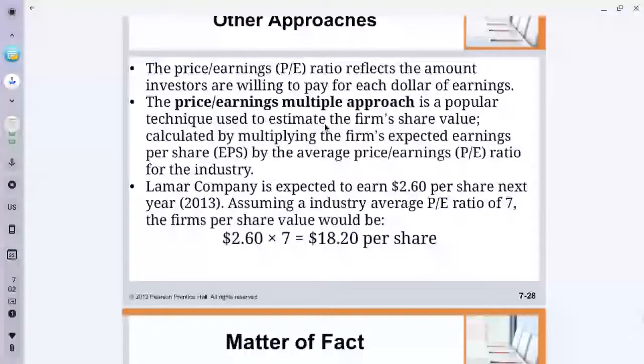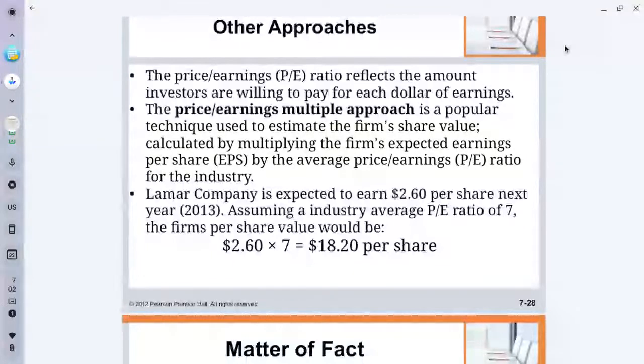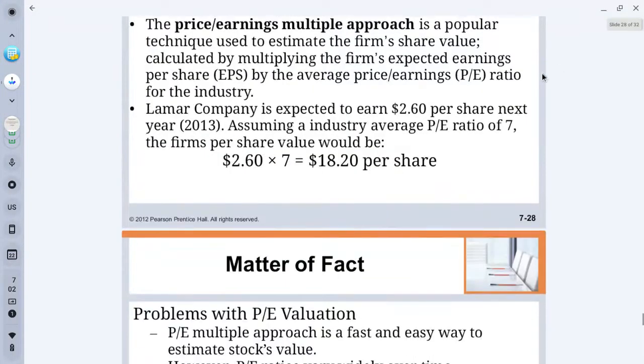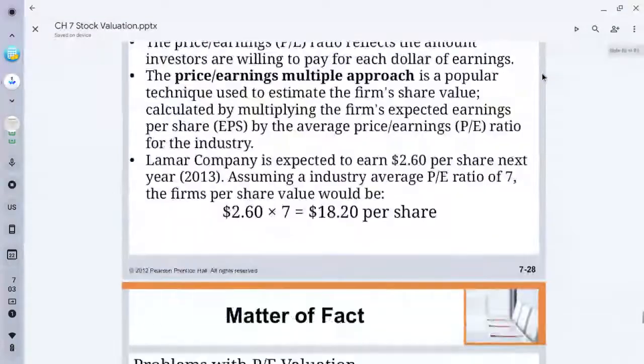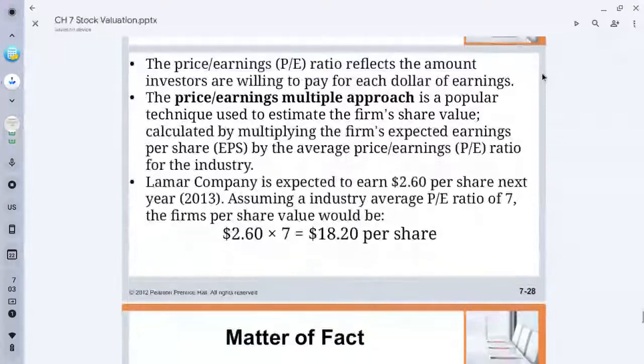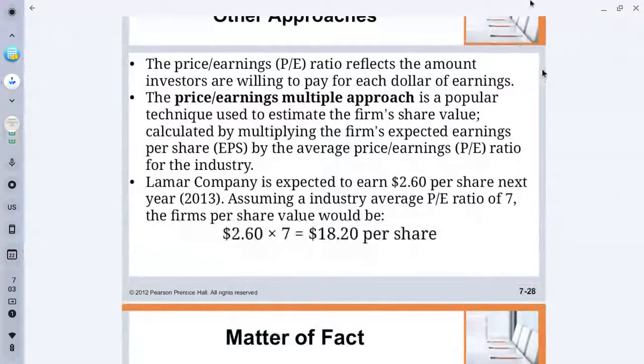And then there's a P ratio approach. So take a look at that. I think maybe we can come back to P ratio. There's a lot to talk about P ratio because of its usefulness.